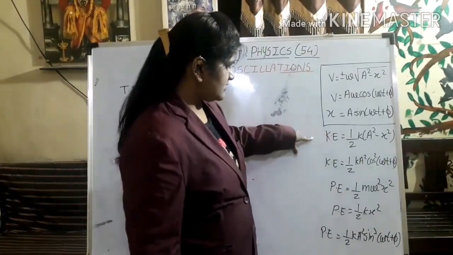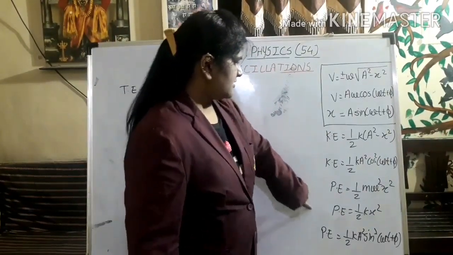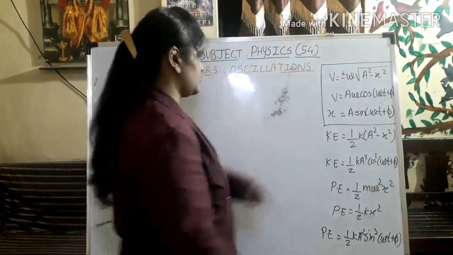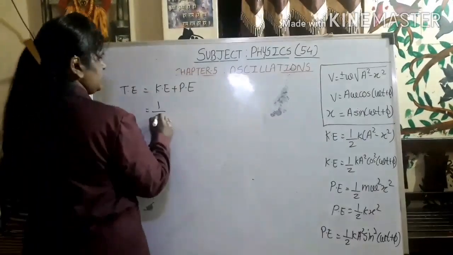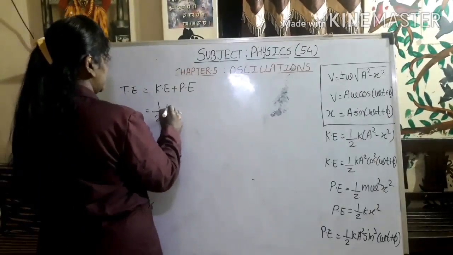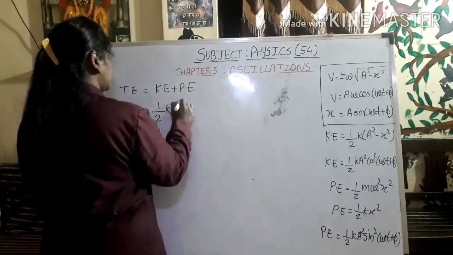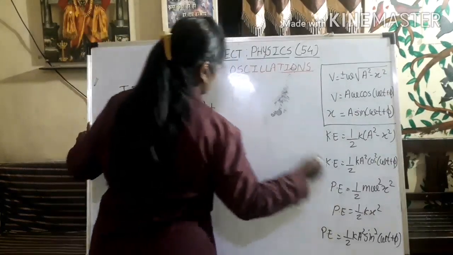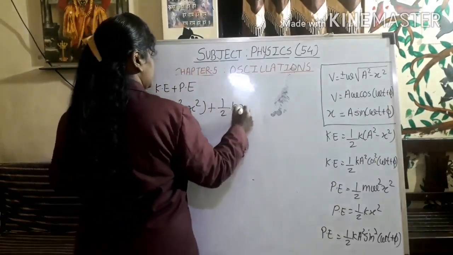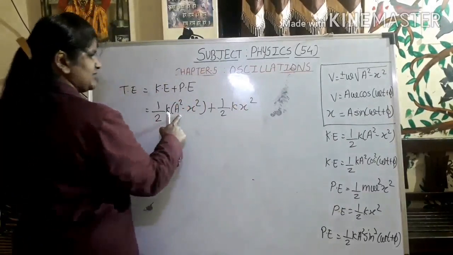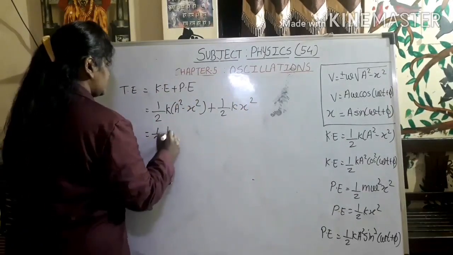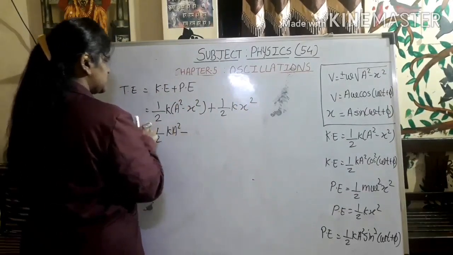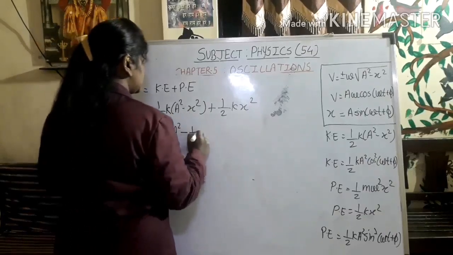So if I am taking this, I have to take k and k terms, alright. So I will take that only, half k into a square minus x square, plus the potential energy, half k x square. Now I will solve this bracket, half k a square minus this half k x square.